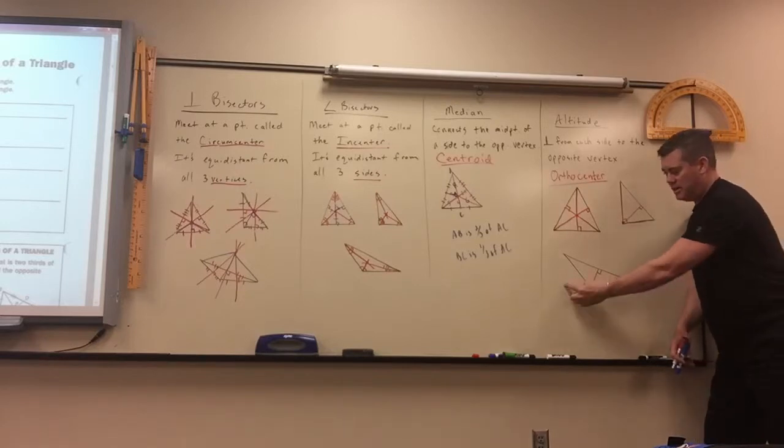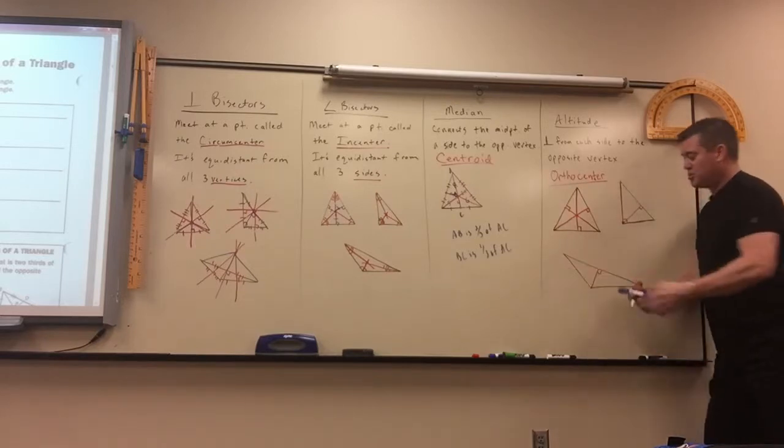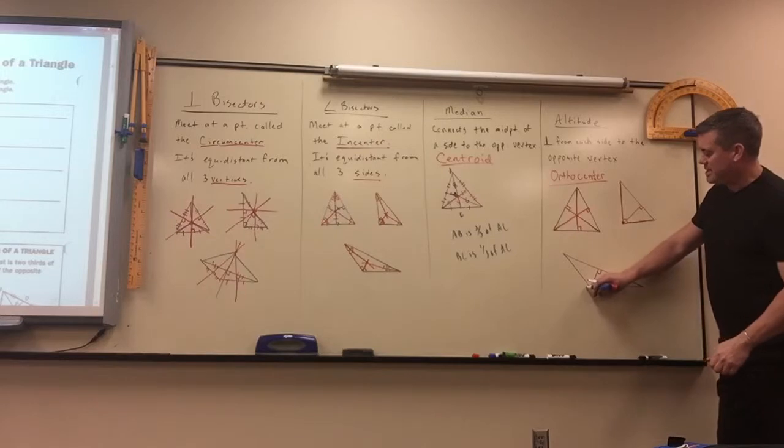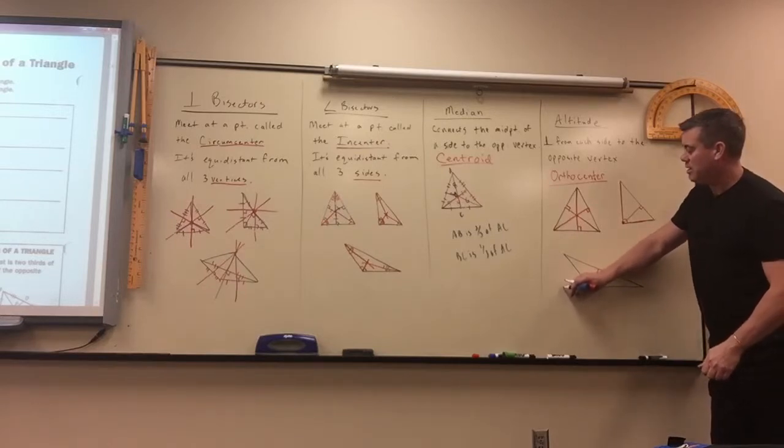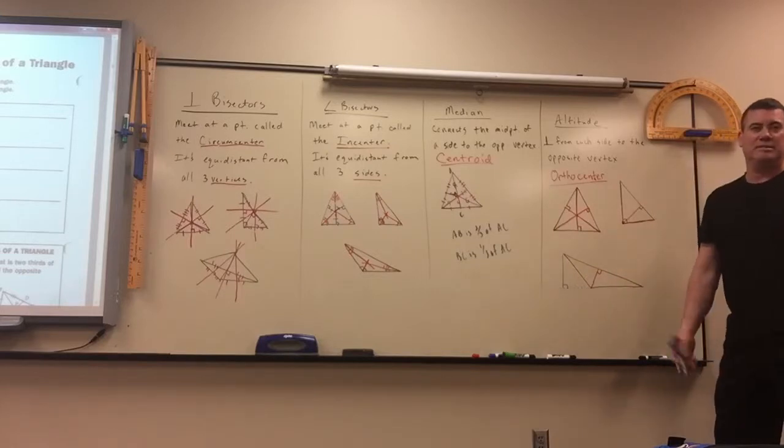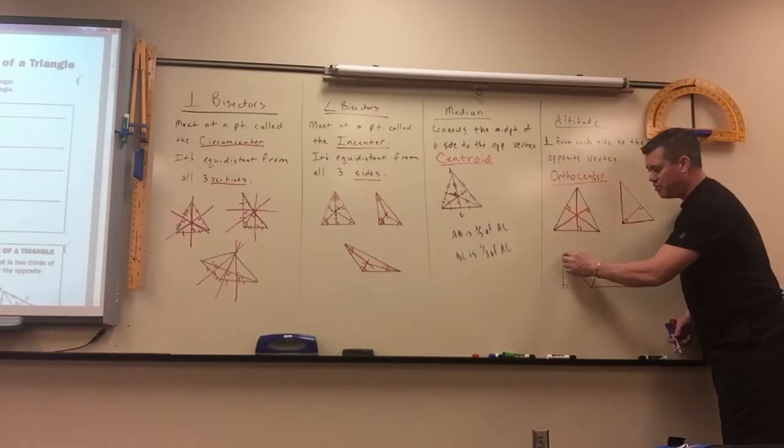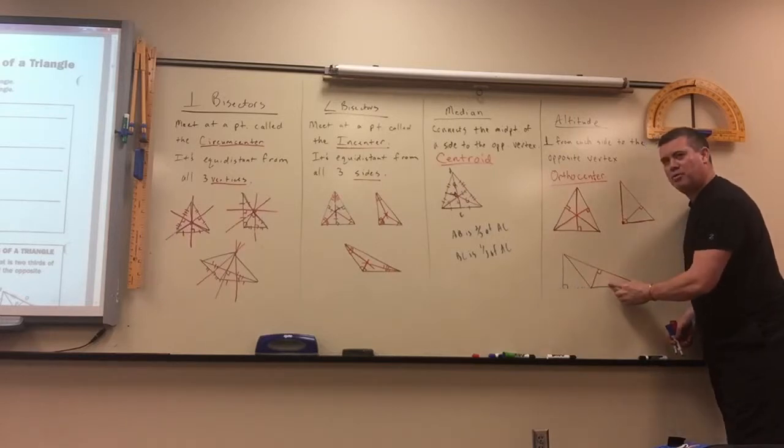Outside. Right here, right? Yeah. So what you gotta do is you gotta extend this side out and then put a line to show that that's how tall it is. That make sense?